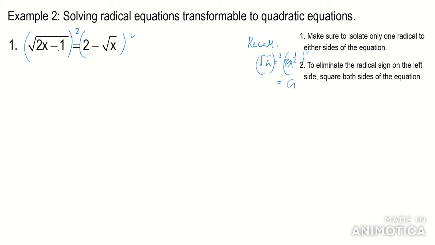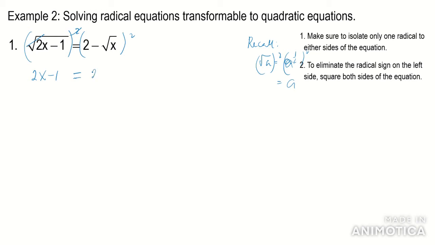What is done on the left side should also be done on the right side. So, matatanggal na ito. So what's left here now is 2x minus 1. And then we're going to get the square of this binomial, 2 minus square root of x. So, please recall the skill that I taught you a while ago.